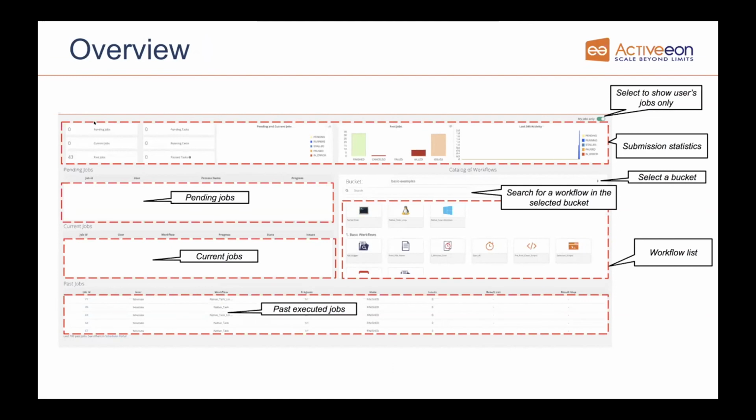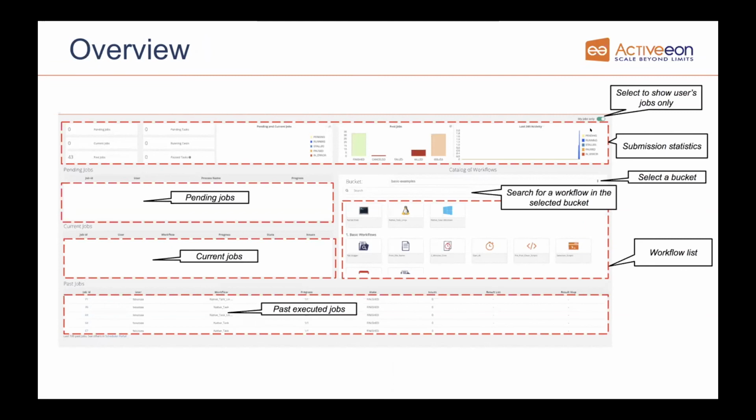In the upper part here, we can see several numbers and statistics about the number of pending jobs, for example, current jobs, past jobs, and also we have some charts and graphical views to see the number of cancelled, failed, killed jobs, and issues also.